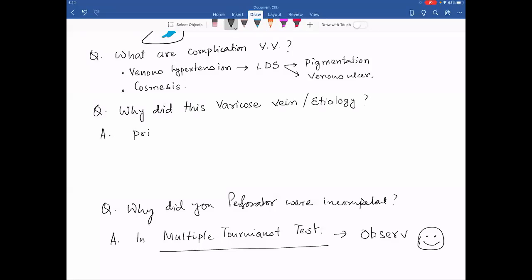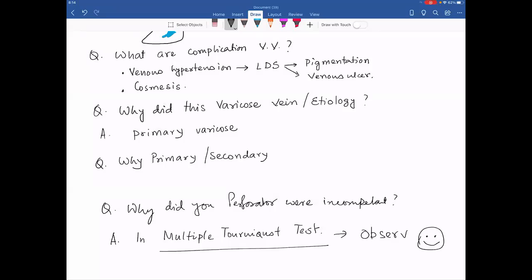This is a primary varicose vein. Question. Why does a primary varicose vein develop? Or what is the difference between a primary and a secondary varicose vein.